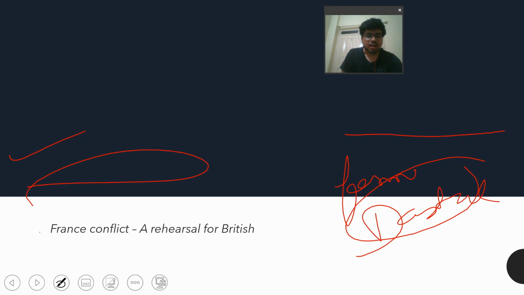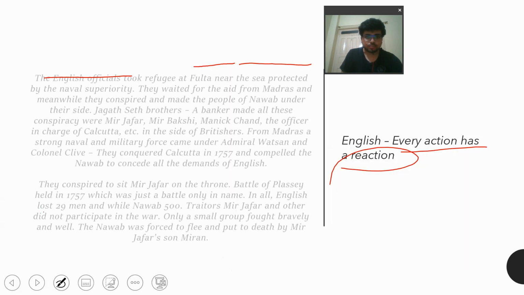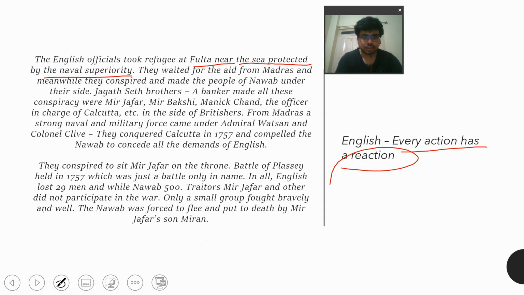After that Black Hole tragedy, the refugees took shelter at Fulta and waited for aid from Madras, and meanwhile they conspired and brought the Nawab's people over to their side.